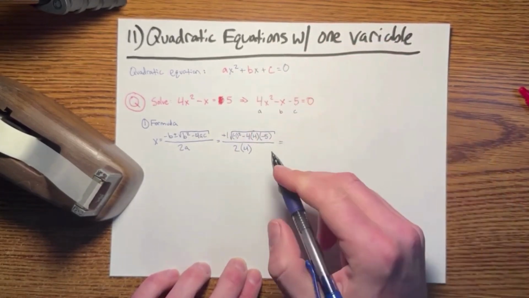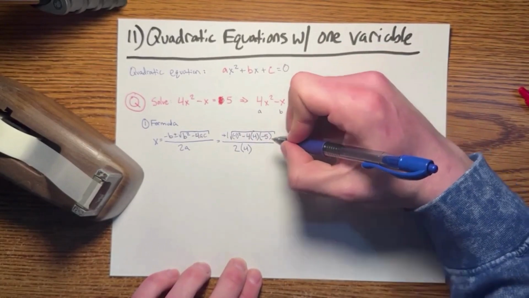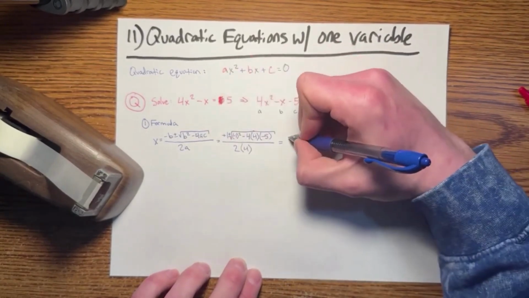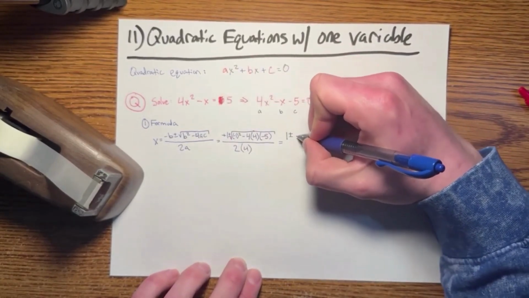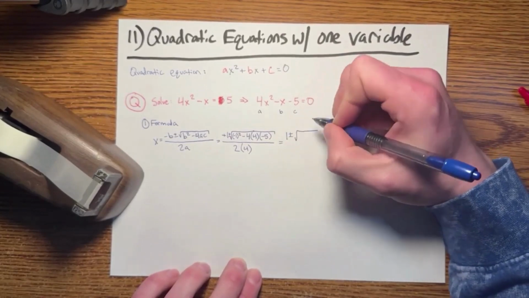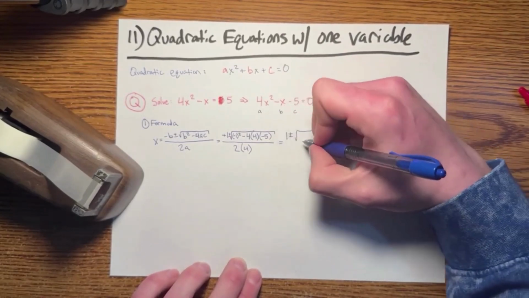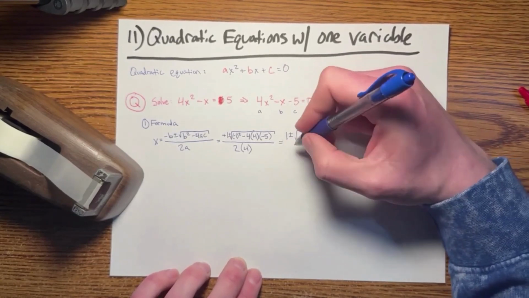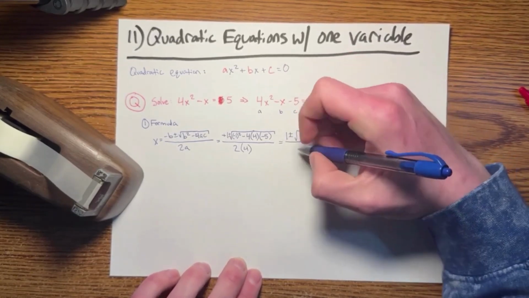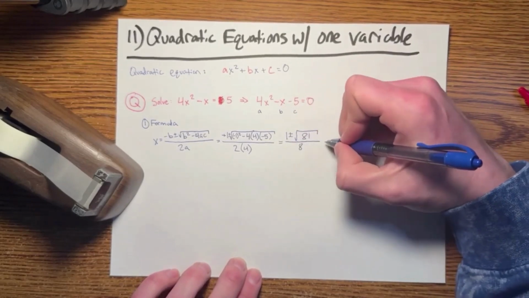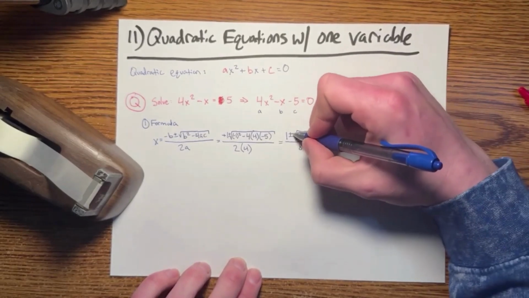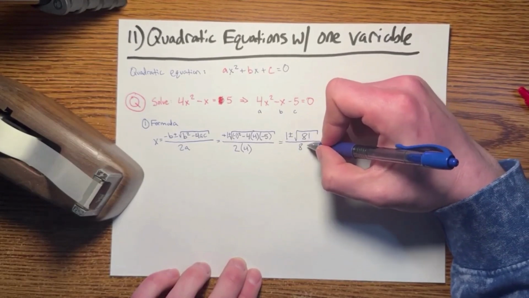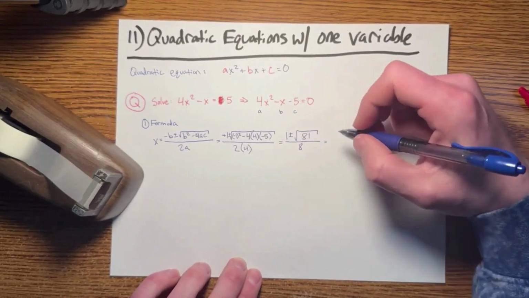If we work all that out, we forgot the plus or minus right there. So we'll have 1 plus or minus the square root of, that'll be 81, which is nice because the square root of 81 is 9. Nice even number, divided by 8. So then we'll have 1 plus 9 divided by 8 and 1 minus 9 divided by 8.